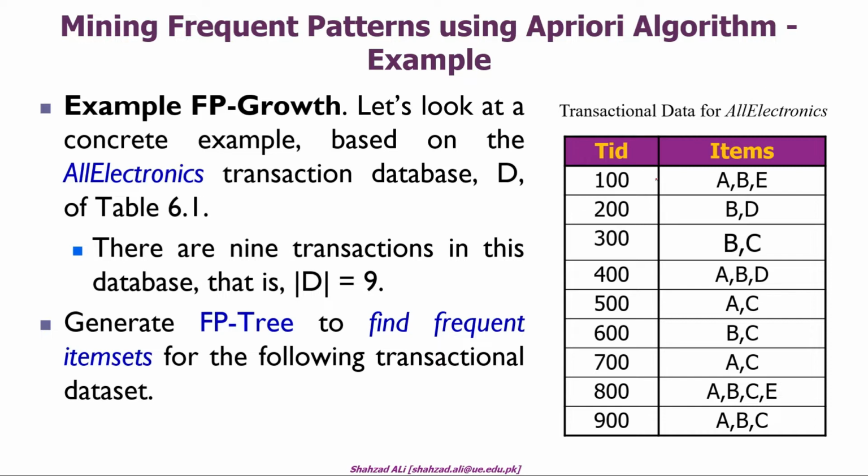Like the transaction 100 contains A, B and E as item sets. Similarly for 200 transaction ID, it contains B and D as item set. So similarly for all other transactions. So the problem is we have to generate FP tree to find frequent item sets for the following transactional dataset.